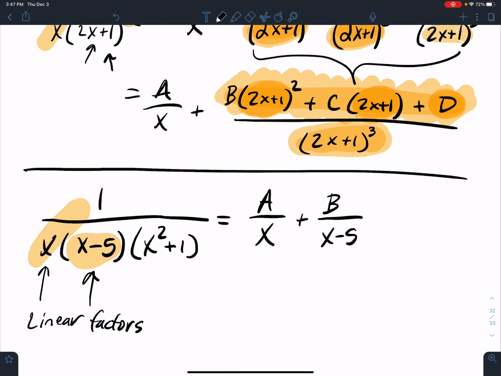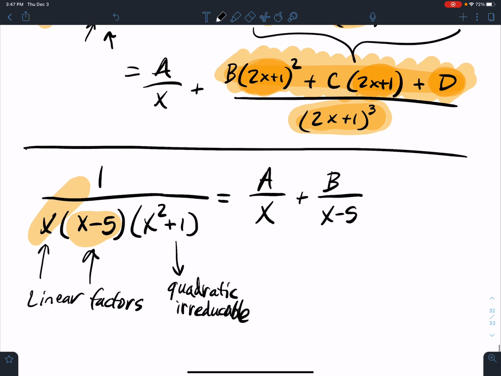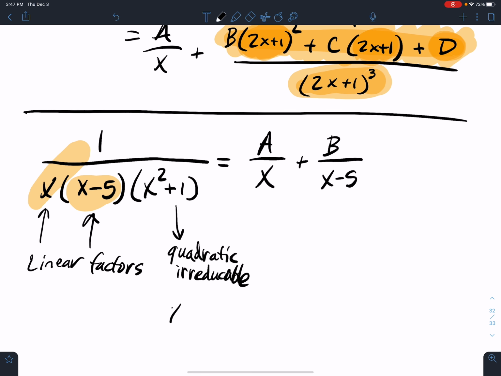Okay, but this one here, this is a quadratic, irreducible. So an irreducible quadratic factor. Why is it irreducible? If I tried to factor this thing here, the only way I could factor would be x minus i, x plus i.